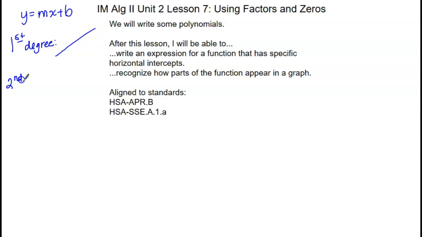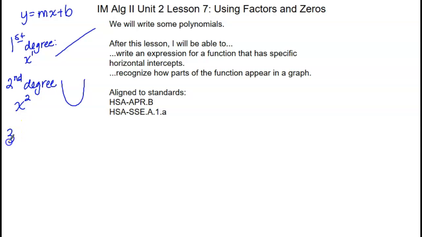A second degree polynomial will have x to the second power as the biggest exponent, whereas the first degree has x to the first power. And whether it opens up or opens down, it's going to be U-shaped.